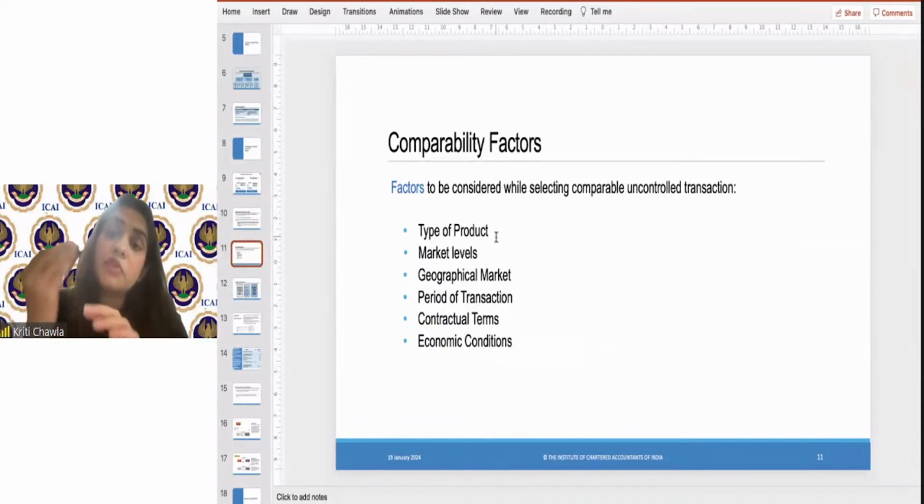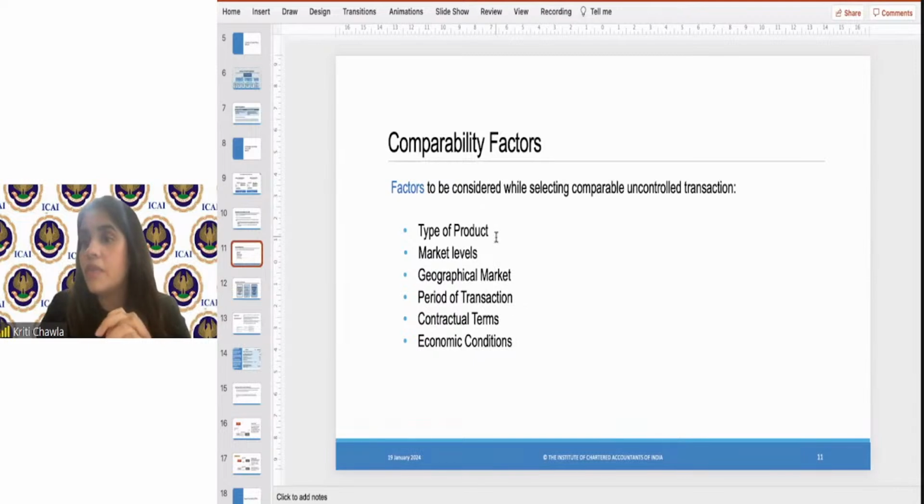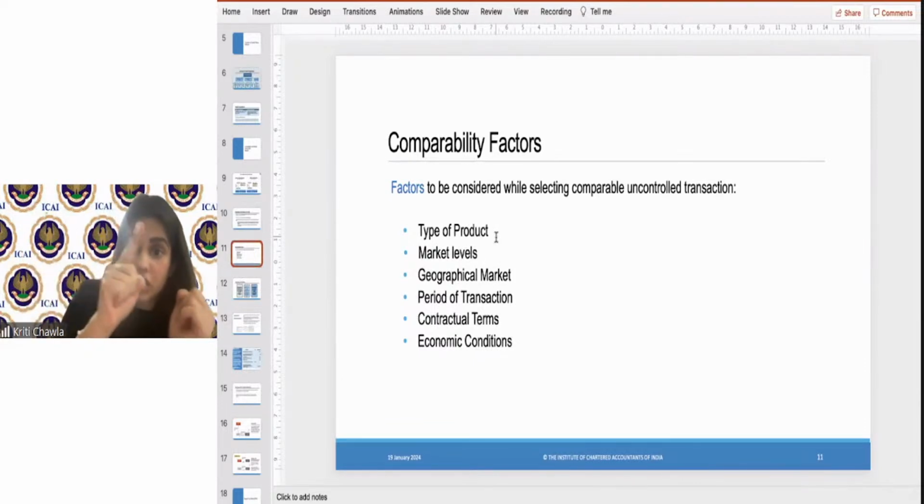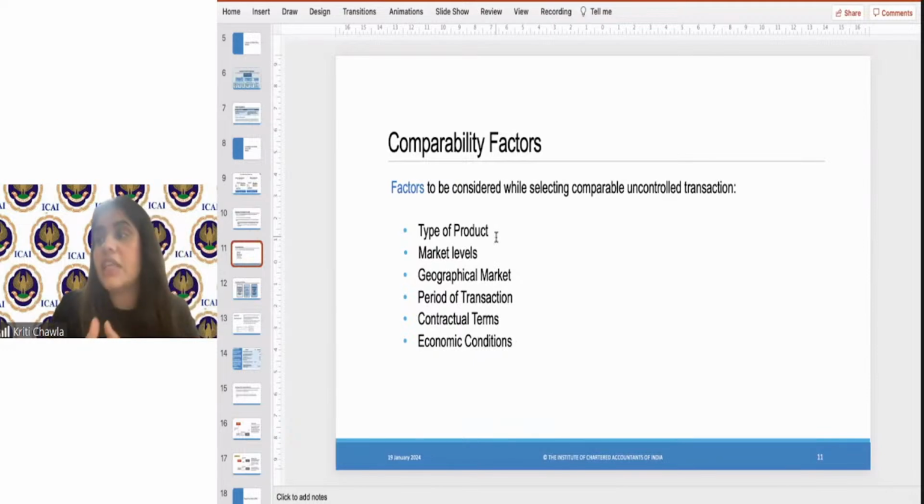When I say that the type of the product is the same, that means that if your client or your related parties are manufacturing, say for example, a hair shampoo, then you'll have to make sure that the independent parties are also manufacturing a hair shampoo. They are not manufacturing a conditioner or a hair oil, etc. You have to compare a shampoo to a shampoo that way. So this is the type of product.